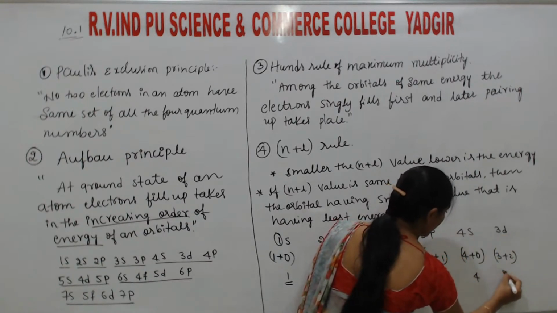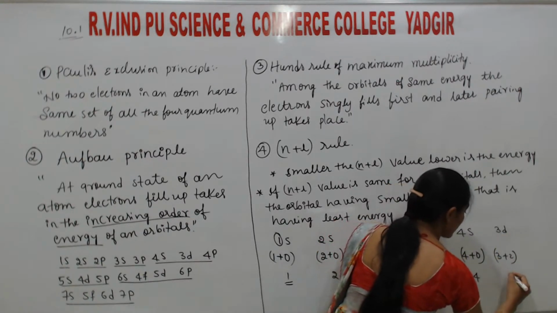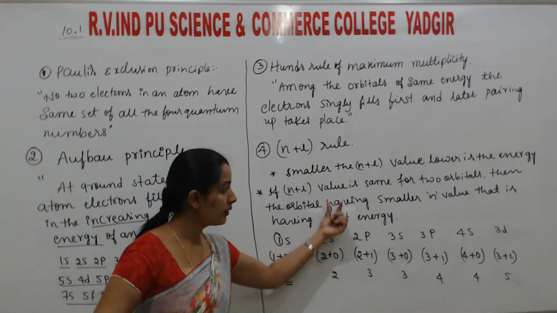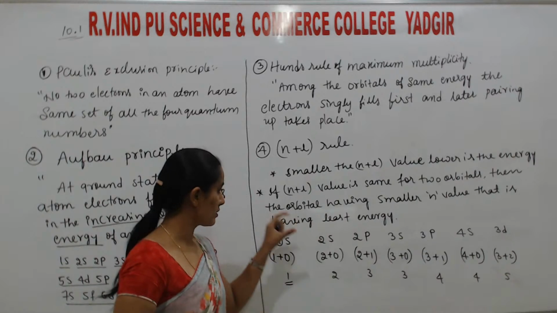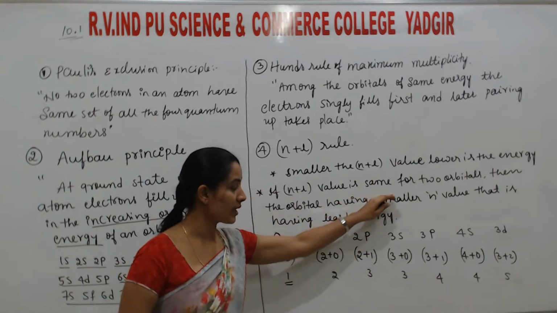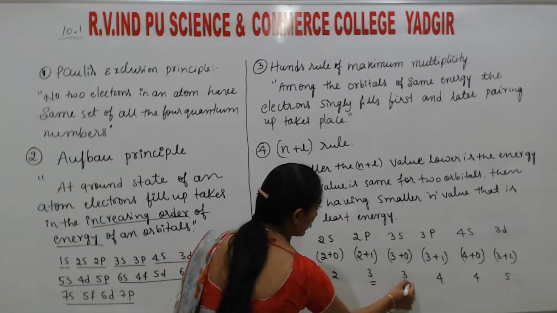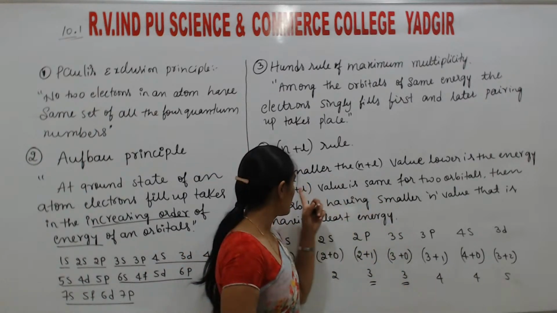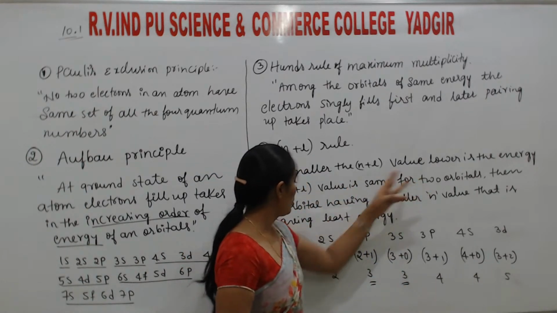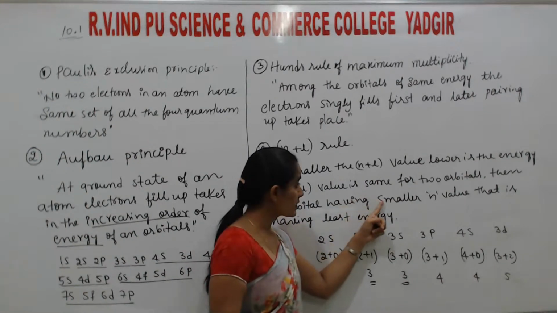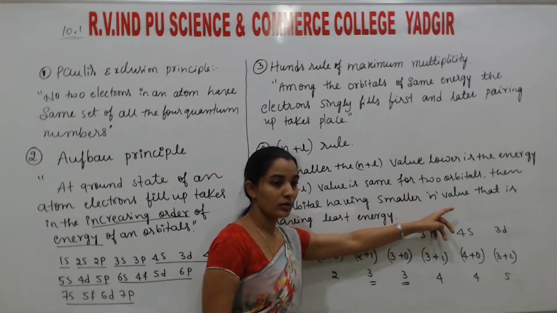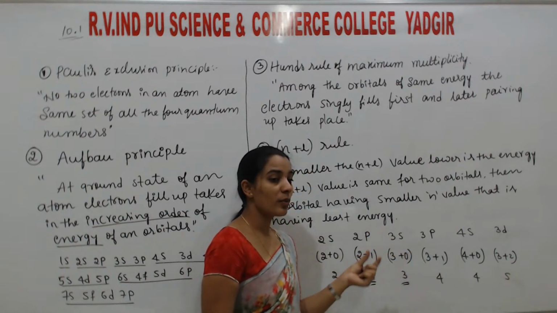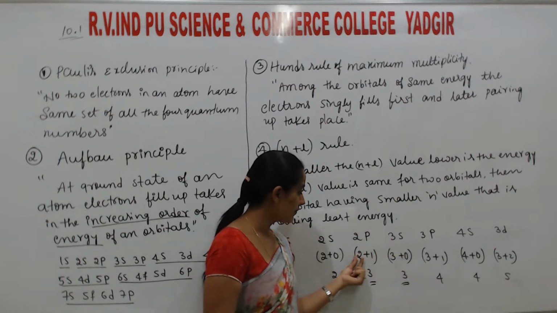But here, remember, from these examples you can easily consider these two applications. If the n plus l value is the same, here it is the same, 3 and 3, then what happens? For two orbitals, the orbital having the smaller n value has the least energy. Among 2p and 3s, which one has the smaller principal quantum number?